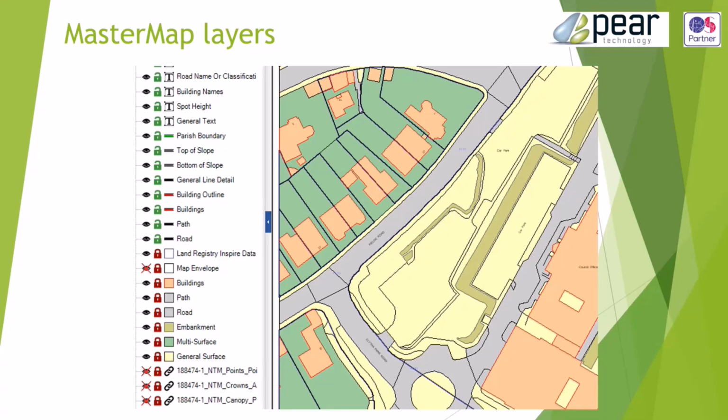So we can outline who owns each parcel of land, and also the parish boundary, parish owned land, and a whole number of sets of detail that can be shown on the map.